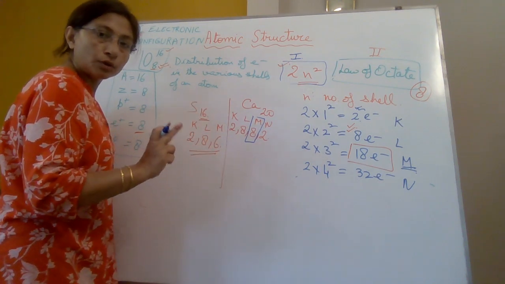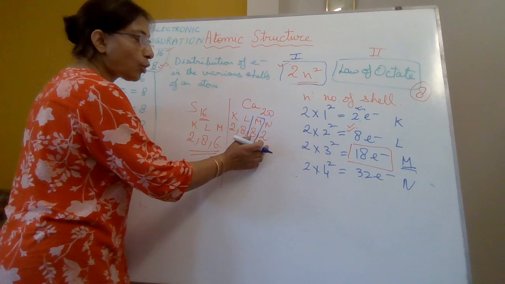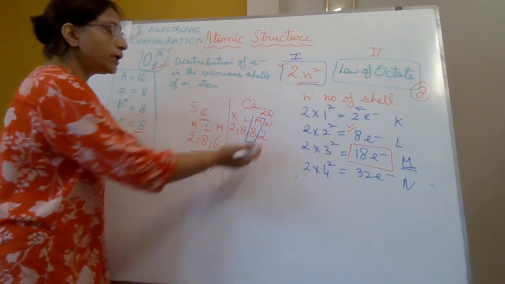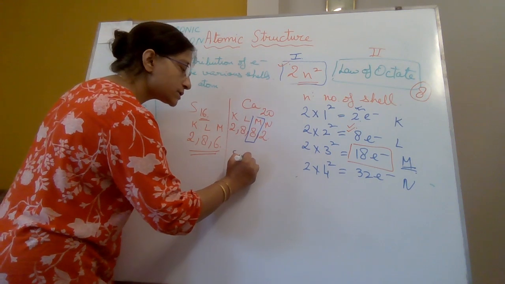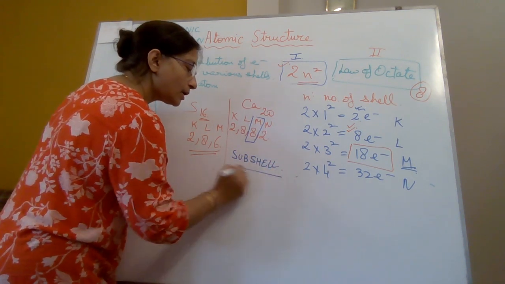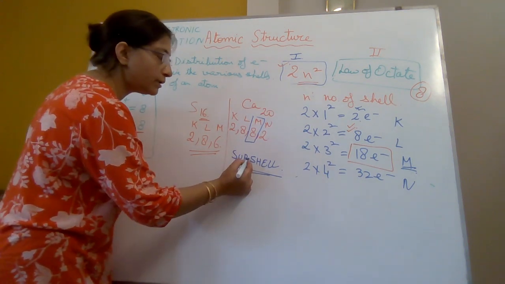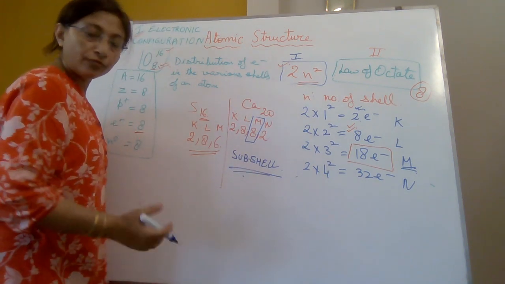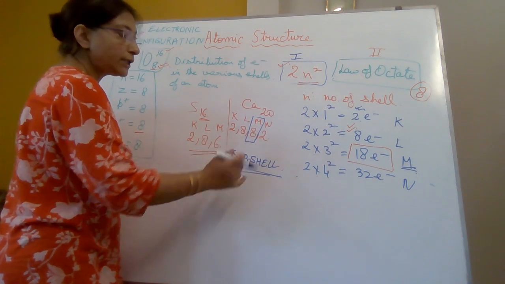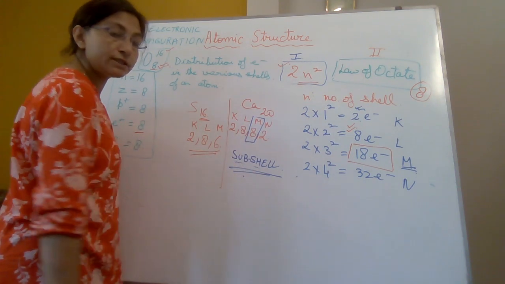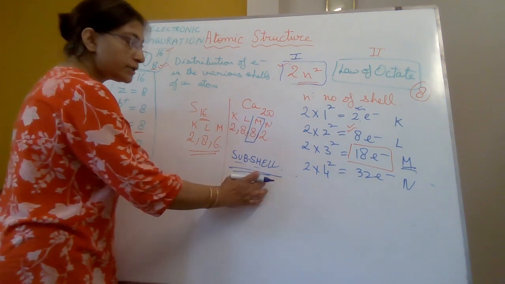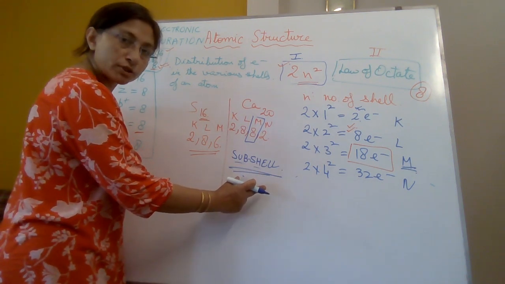Here you need to understand that all these orbits M, N and so on, they all have subshells, and if there are more electrons available, they will be adjusted in these subshells or suborbitals. This is beyond the scope of your syllabus.